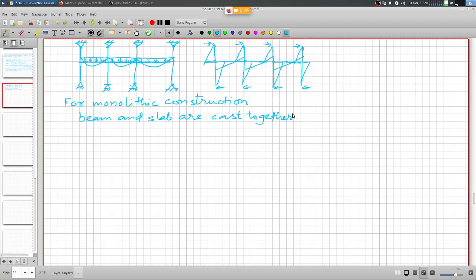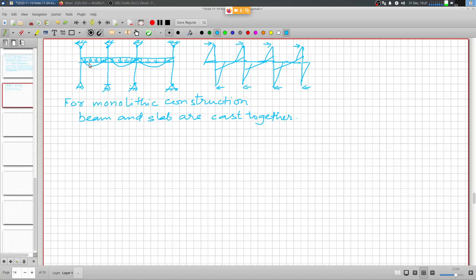Isn't it? That's where the concrete is poured simultaneously. It occupies the beam formwork and also the slab. So it is poured at one go. So when you consider the bending moment or the strength design of this beam, do you really consider this contribution of the slab?